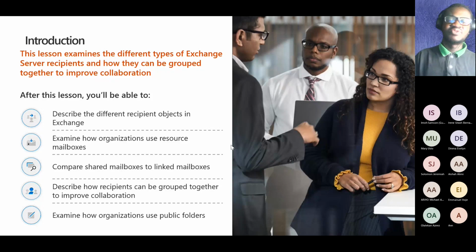We have different types of recipients in Exchange Online, and we have them listed here. That's what we're going to talk about. After this lesson, we will see the different types of objects in Exchange Online, and the other things we'll be focusing on today.